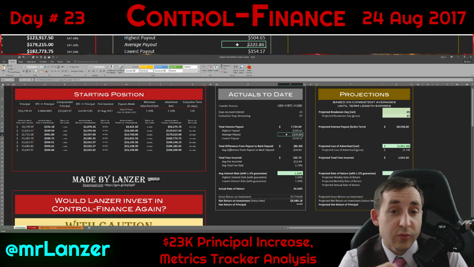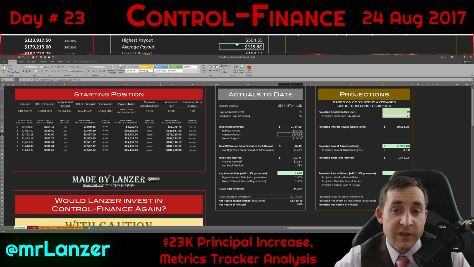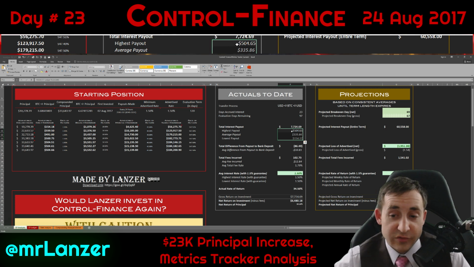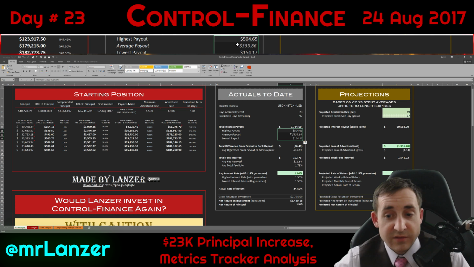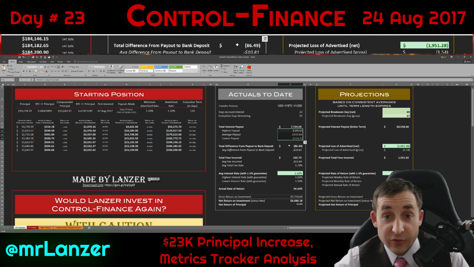Those three numbers are a bit misleading because I changed my principal amount, and because the static rate was 1.5% every day, it would naturally change the amount I would be paid out. So really, none of these three numbers reflect what they should be reflecting, which is a variable interest rate. I haven't done anything with these numbers yet, but they may disappear in the future, for Control Finance at least.